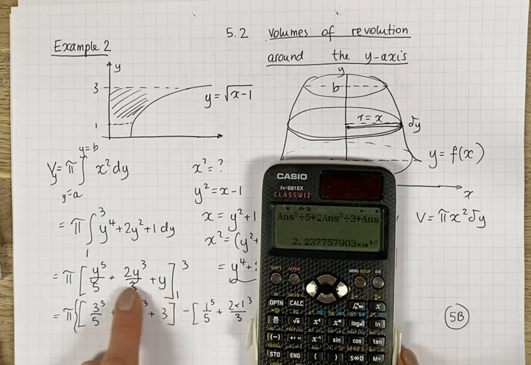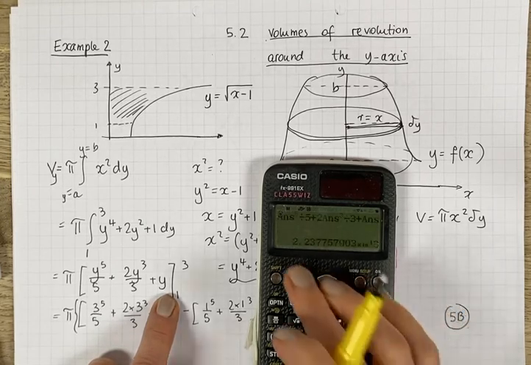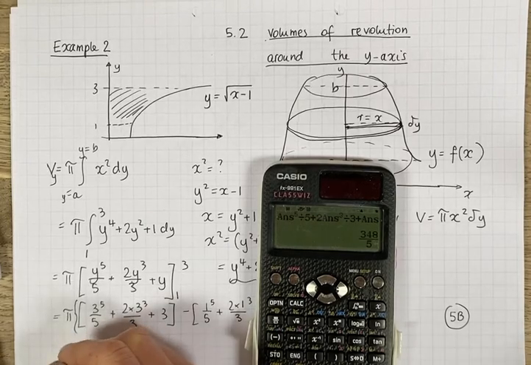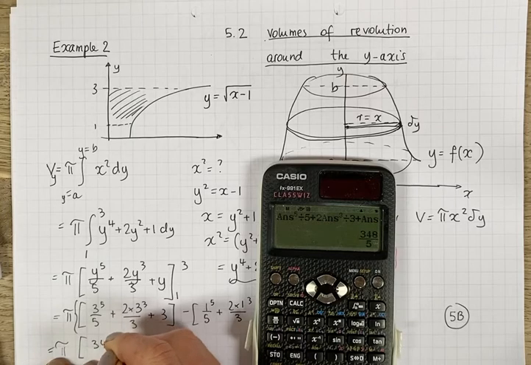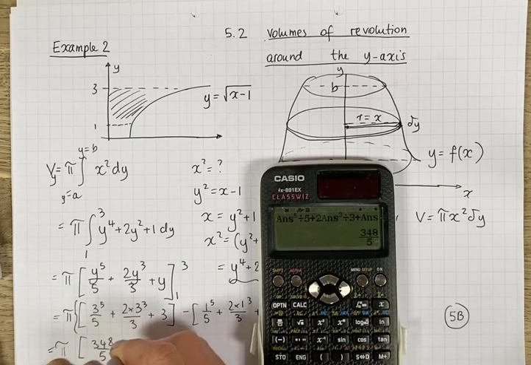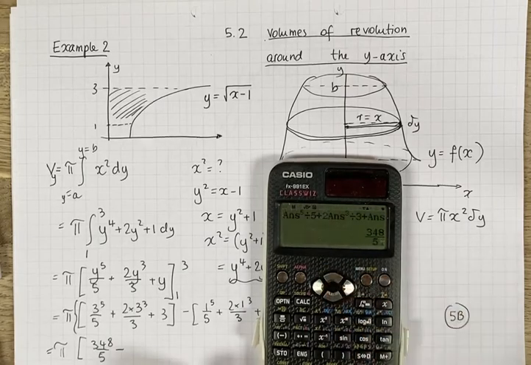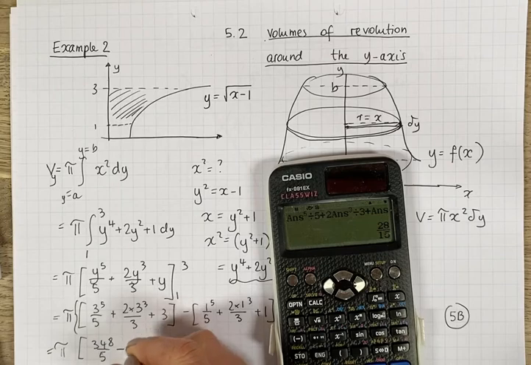Okay, so the first number I'm going to put is 3, so put 3 equals, scroll up, find the rule. So the first evaluated limit is 348 over 5, minus, let's put 1 in, so 1 equals, that becomes your ANS. Sub it in, 28 over 15.